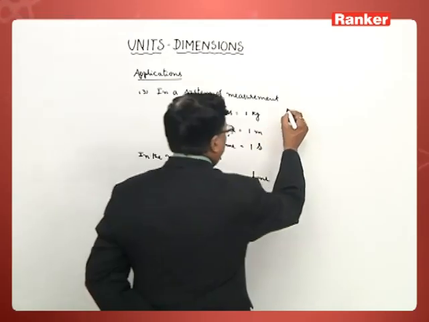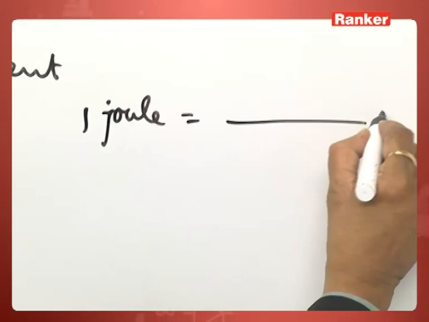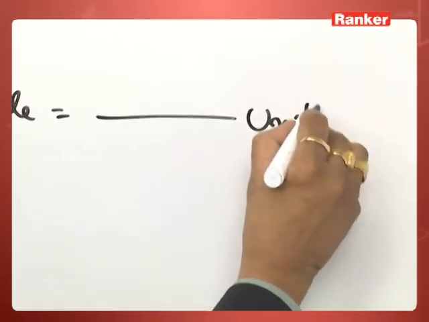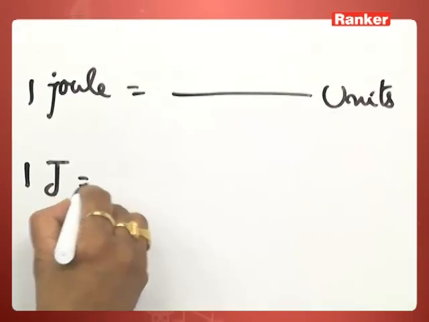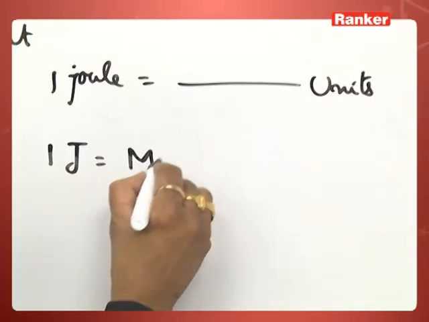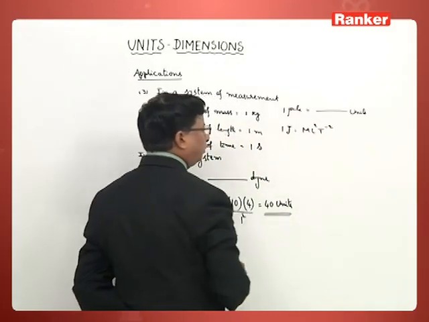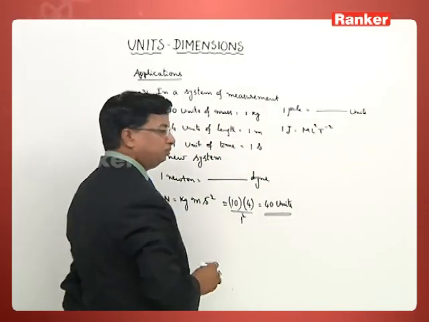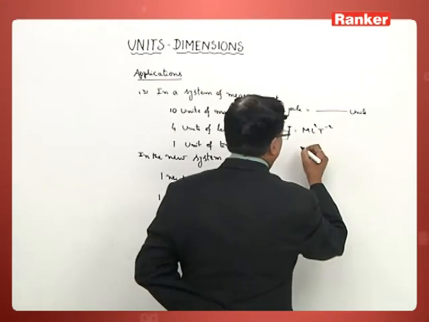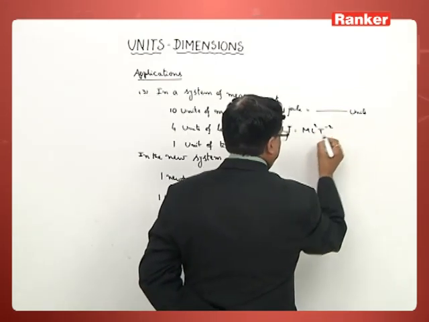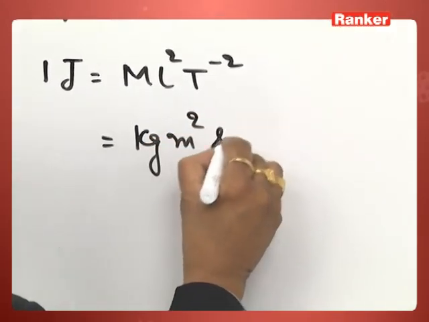Likewise, if I ask you, 1 joule is equal to how many units? First of all, what is 1 joule we have to think of? It is m L square T power minus 2. That is the dimensional formula for that. You can even rewrite the same this way also: kg meter square per second square.